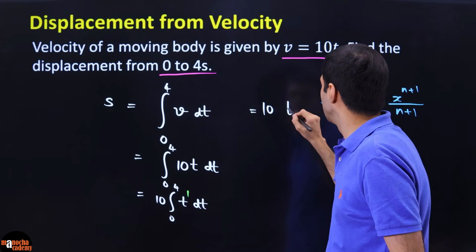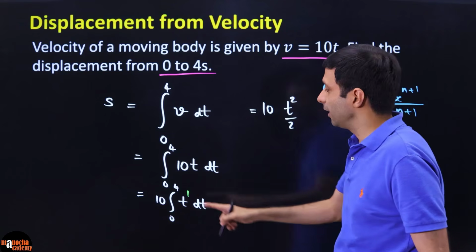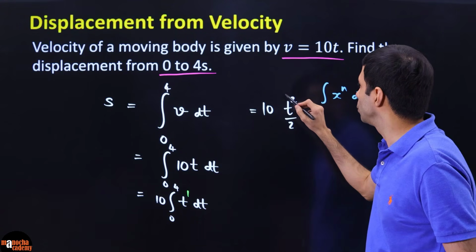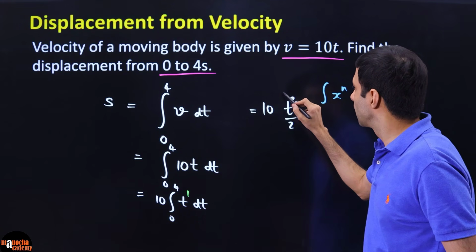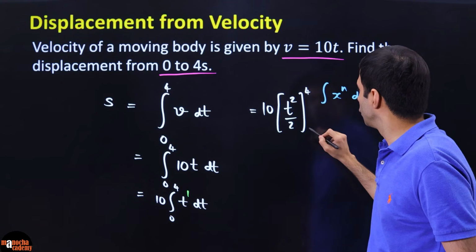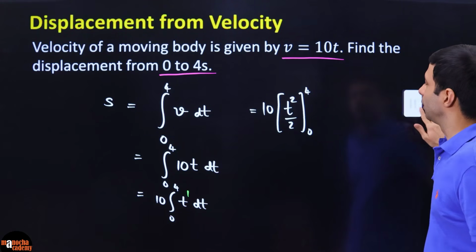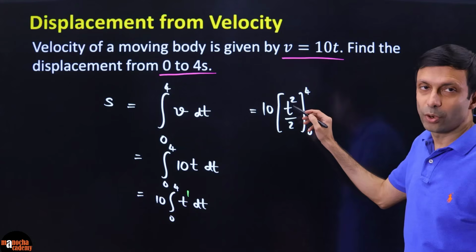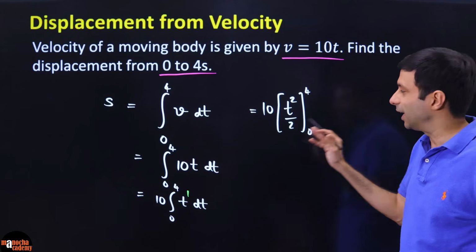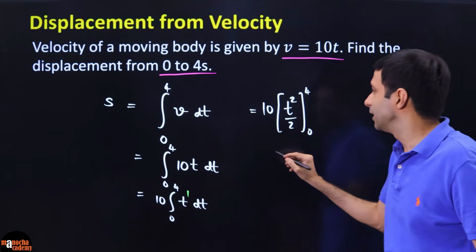So we are getting t square by 2, and the limits for this are from 0 to 4. So what does that mean? That I need to substitute 4 here and 0 and then subtract them, right? Because when you have limits, you basically subtract here.